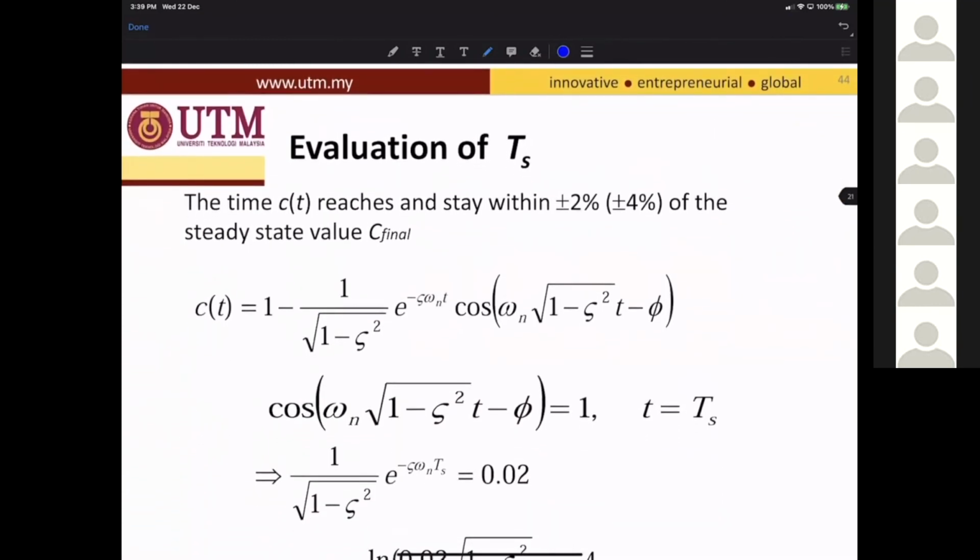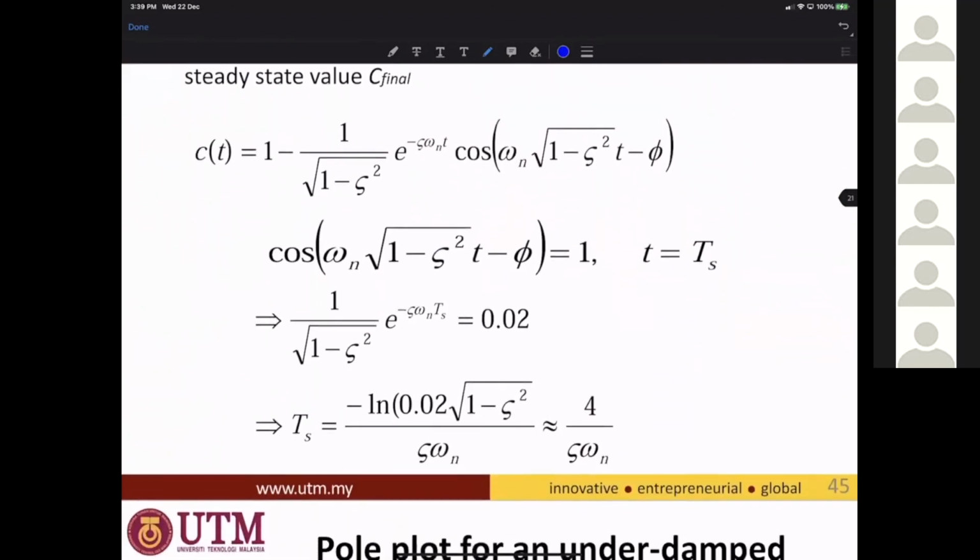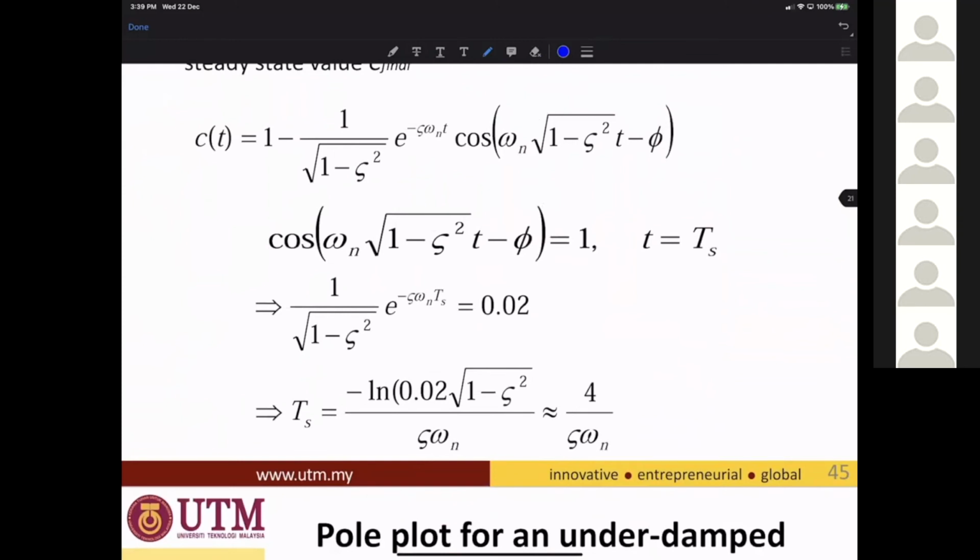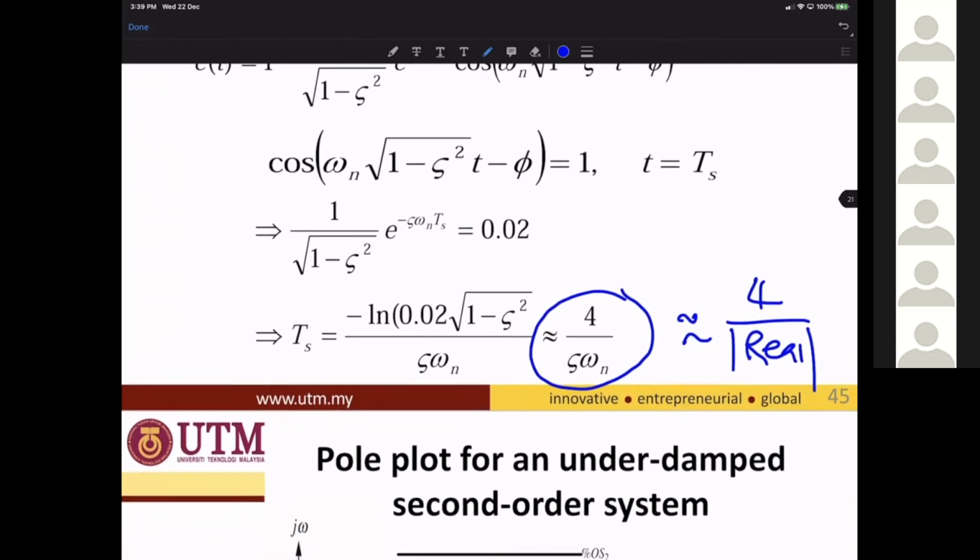For TS, it is the time C of t reaches and stays within plus minus 2%. So we can derive it. The formula is 4 divided by zeta omega n, or 4 divided by the real part, the modulus of the real part. Zeta omega n is the real part of the S-plane.